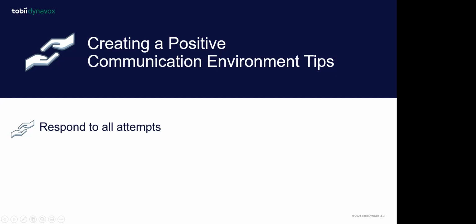Just as Philip's mom did, she didn't require him to say any words in another way. She accepted what he said, so we can respond to any vocalizations, any gestures, any use of an AAC system, and we don't want to create this requirement.